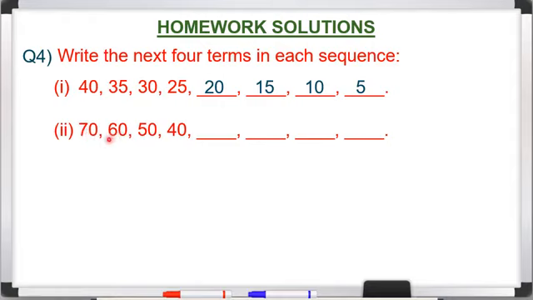The first two given numbers are 70, 60. 70 minus 60, 10. Okay, now we have found the difference, that is 10. Now we will subtract 10 from each number. 70 minus 10 60, 60 minus 10 50, 50 minus 10 40, 40 minus 10 30, 30 minus 10 20, 20 minus 10 10, 10 minus 10 0.